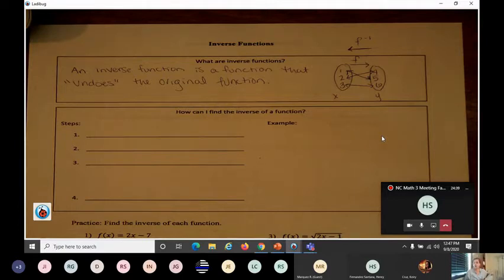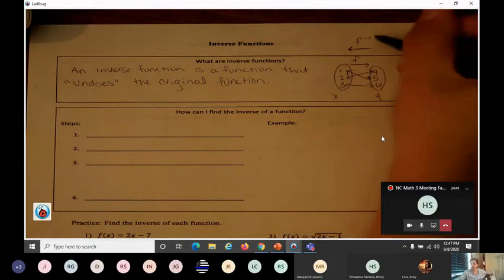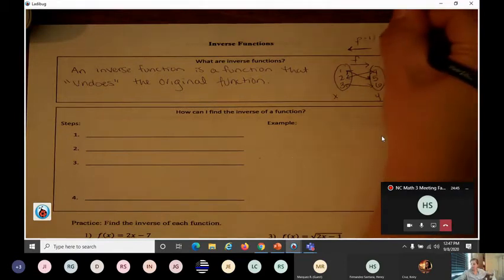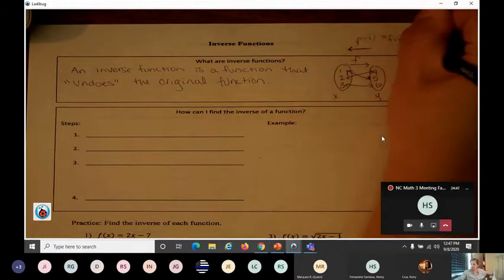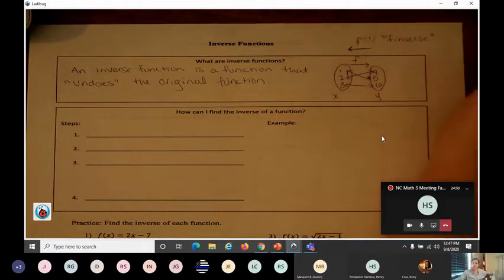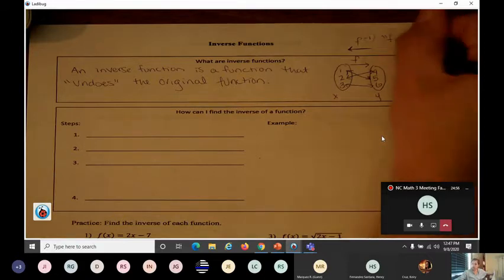Okay, so this notation right here with the little -1 up here means f inverse. It means that we're doing the inverse of f. So for this function, all of the f of x values are: 1 went to 5, 2 went to 4, and 3 went to 6.